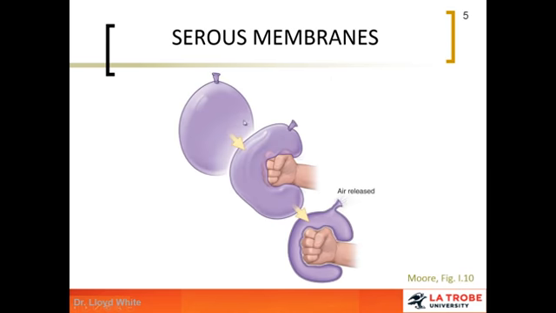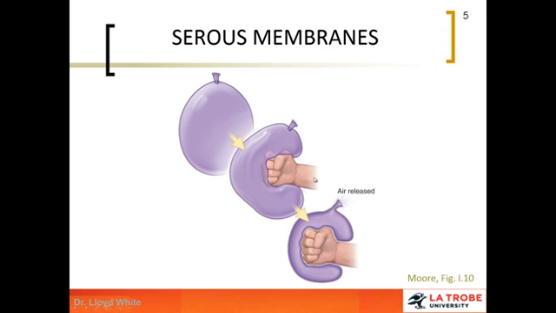So if you imagine a full balloon, and the skin of the balloon being the serous membranes. Now these serous membranes start off lining those pulmonary cavities, the inferior mediastinum, the abdominal cavity, the pelvic cavity.